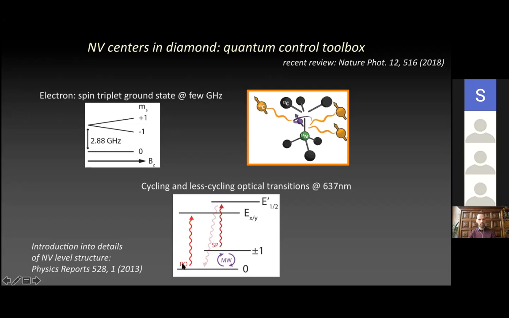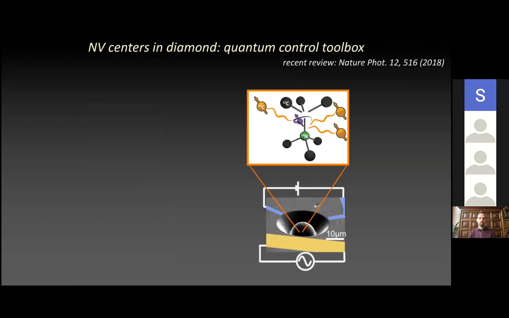So they can be used for readout, RO. These transitions are at 637 nanometers. This is red light, purely in the optical domain, which is quite nice for using room temperature silicon APDs, because that's exactly where the peak of the quantum efficiency is.